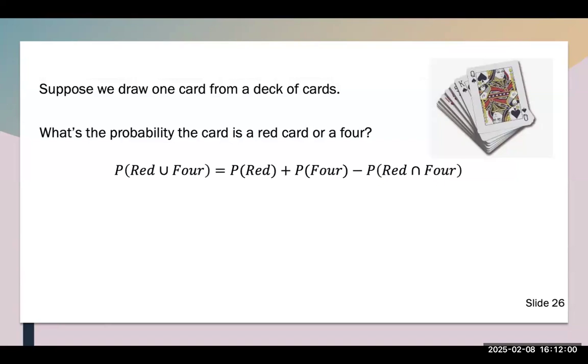That's half the deck, or 26 out of 52. How many cards are 4? There's 4 out of 52. But in those red cards, I'm counting 2 red 4s, and also in the 4 cards, I'm counting 2 red 4s. So I have to subtract those 2 red 4s because I double counted them. So I end up with 28 out of 52.